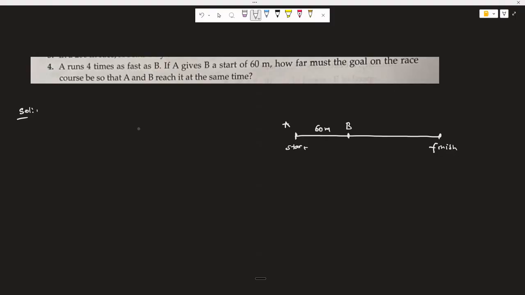And then the game will be conducted. He gave an offer to B: okay, I will leave 60 meters for your incapability, because I am much faster than you. So that's why I am giving this opportunity to you to participate in this game.